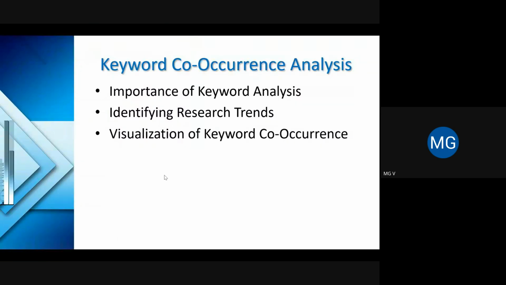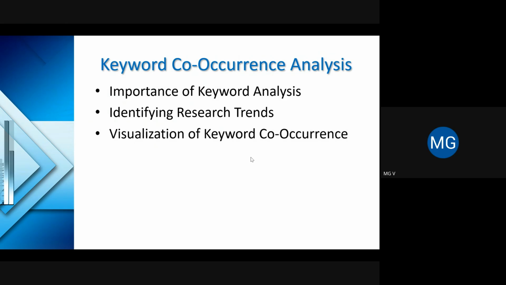Now, keyword co-occurrence analysis. Now, you see what we have been doing. You have come across these words in the software. But what each word or terminology means, that is what I am trying to explain here. So, keyword co-occurrence analysis identifies the most frequently used terms in a research field, revealing emerging trends and key areas of focus.